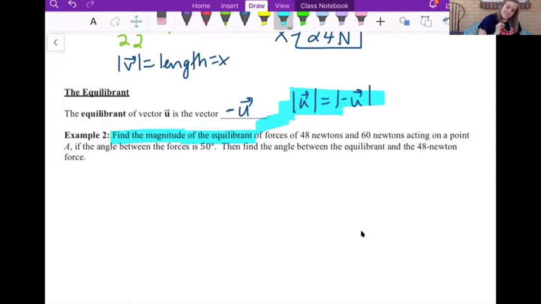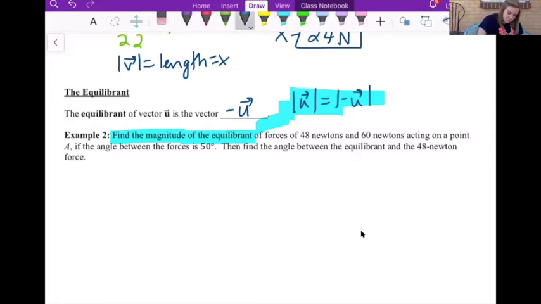Of the forces, so we want to find the magnitude of the equilibriant of the forces of 48 newtons and 60 newtons acting on a point A if the angle between the forces is 50. I'm going to pause there because we just want to take what we have so far. We're not even going to look at the second sentence just yet.